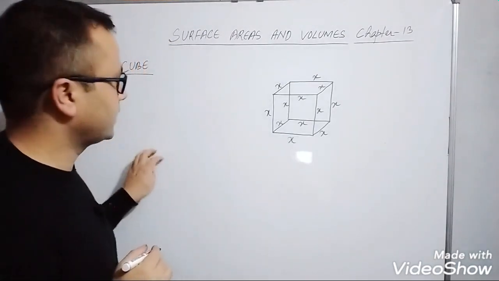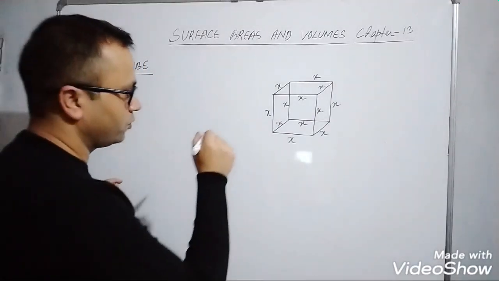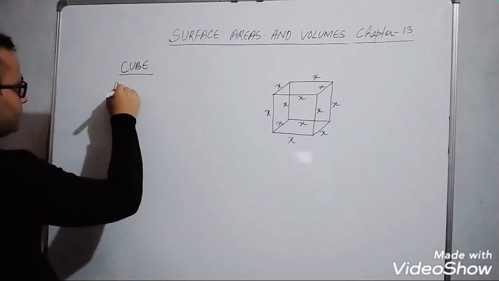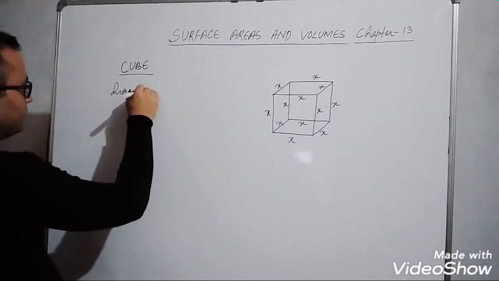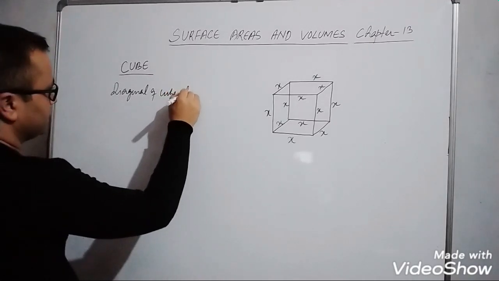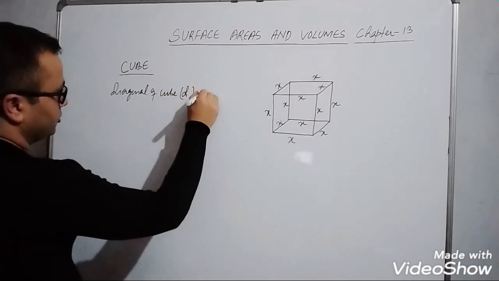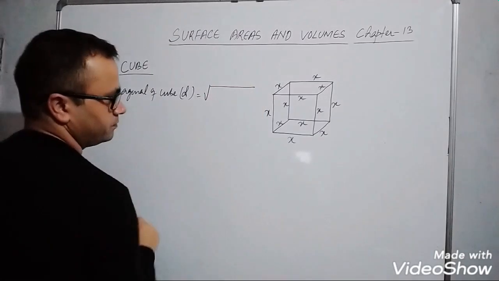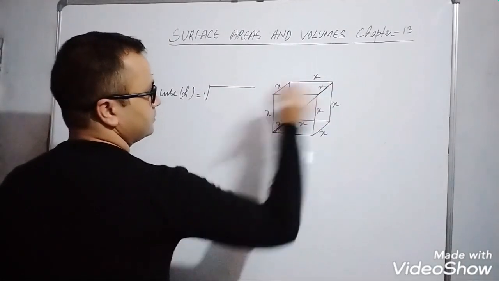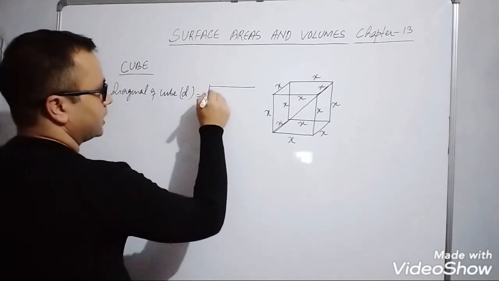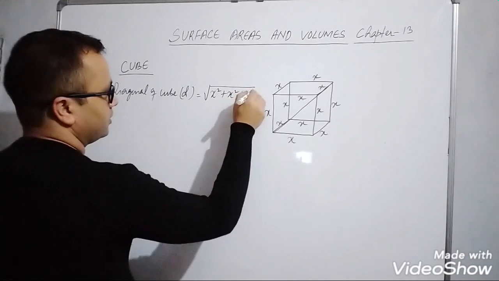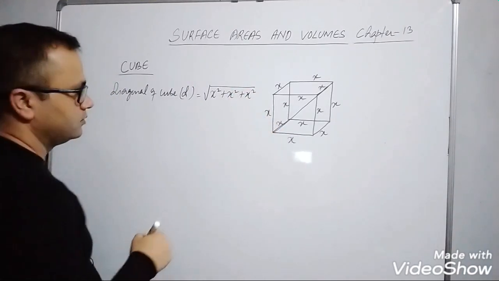So first we will calculate the diagonal. What will be the diagonal of a cube? The diagonal of a cube is represented by D. So this equals root under x square plus x square plus x square, because all the sides are equal.